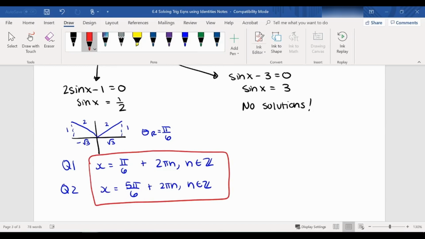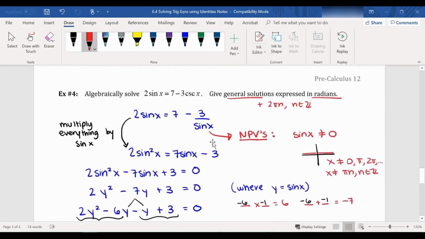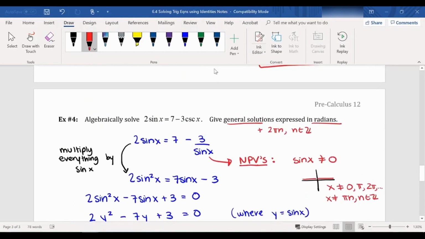And that is it. That is our extra section 6.4, which is basically solving equations from chapter 4 over. Again, the only new part here would be this first step of noticing that we need to replace our cosecant with 3 over sine x.